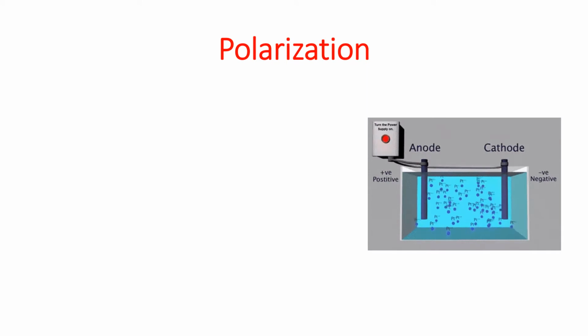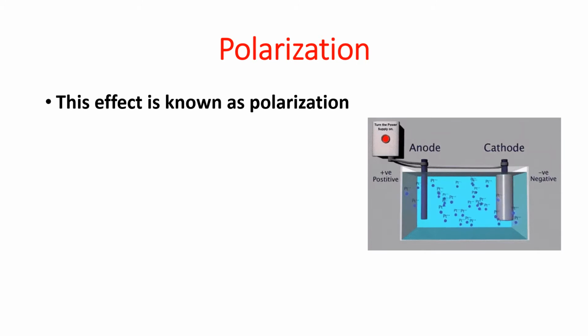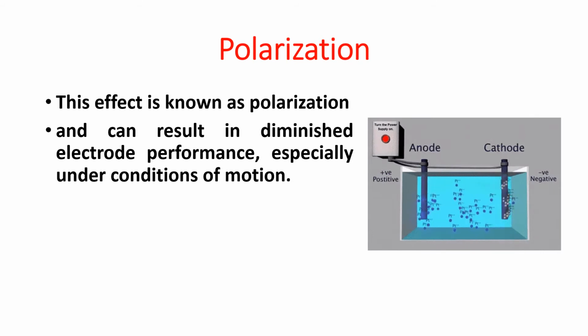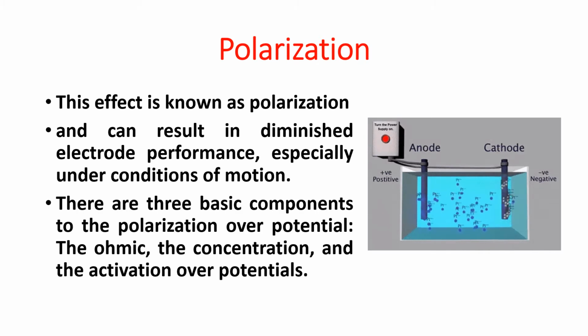This effect is known as polarization and can result in diminished electrode performance, especially under conditions of motion. There are three basic components to the polarization overpotential: the ohmic, the concentration, and the activation overpotentials.